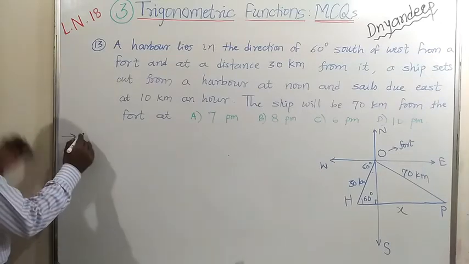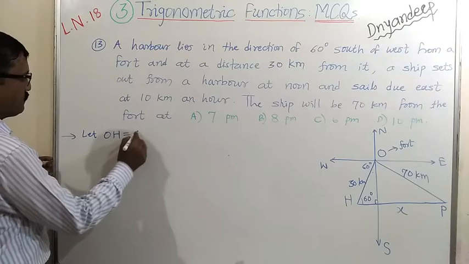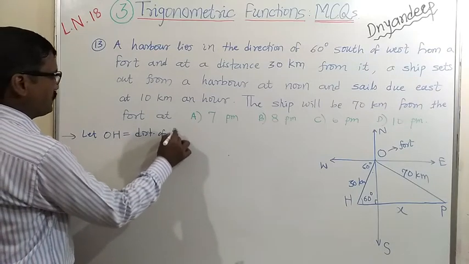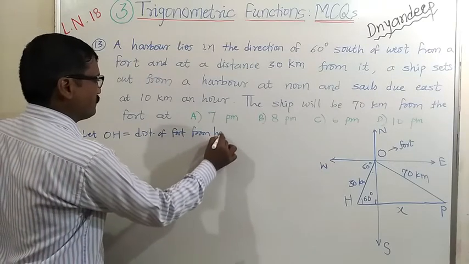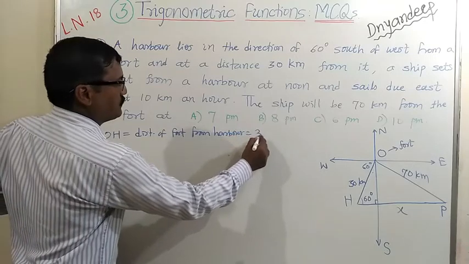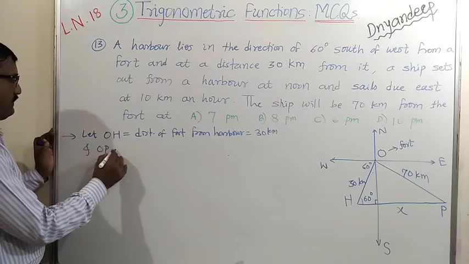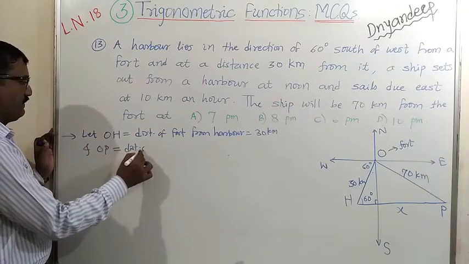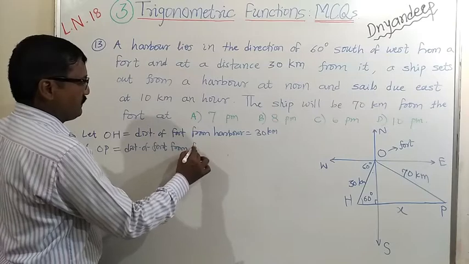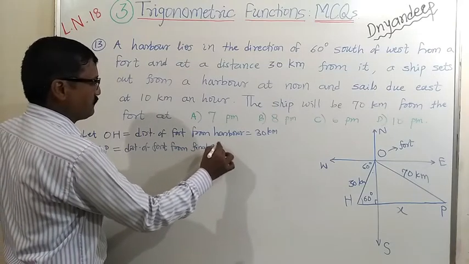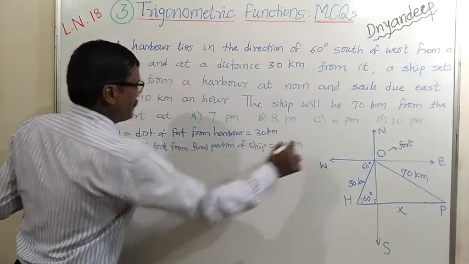So let OH, that is the distance of the fort from the harbor, be equal to 30, and OP, the distance of the fort from the final position of the ship, is equal to 70 kilometers.